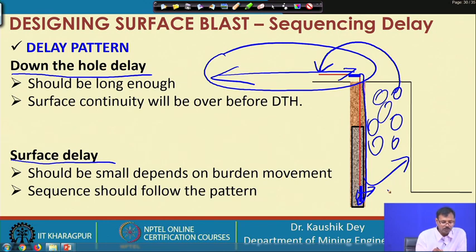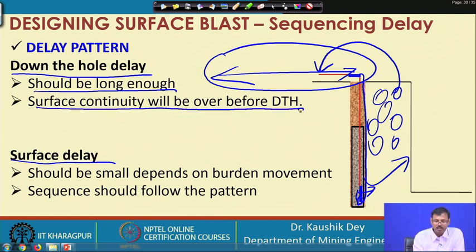That is why down the hole delay is very important and it should be long enough so that surface continuity will be over before the blasting of the down the hole delay, and the sequence of blasting will basically be dictated by the delay provided in the surface.